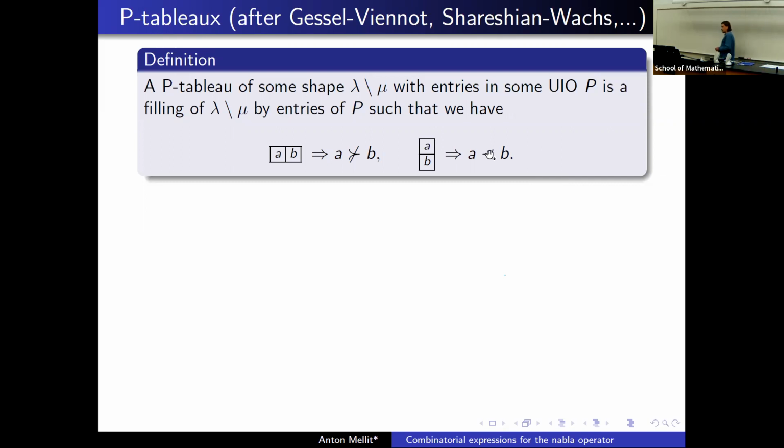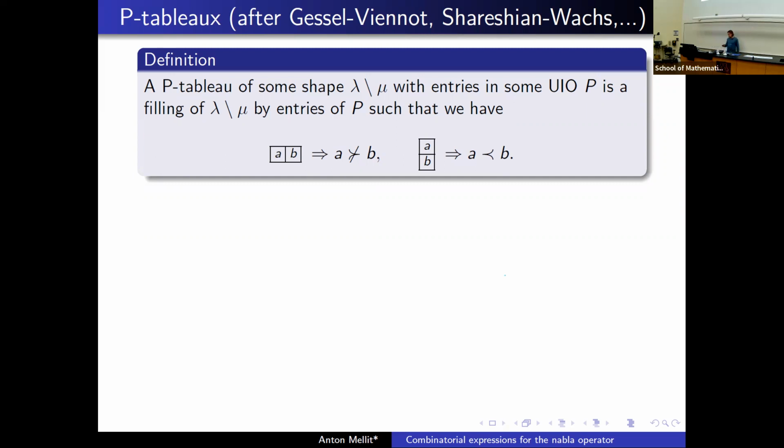If a number is on top of another, in the classical situation, we would ask that A is less than B. Now we are asking that A is much less than B. And if two numbers are in a row, then before we would say that B is greater or equal than A. But greater or equal means not less than A. And that's why, if A is to the left of B, then A is not much greater than B.